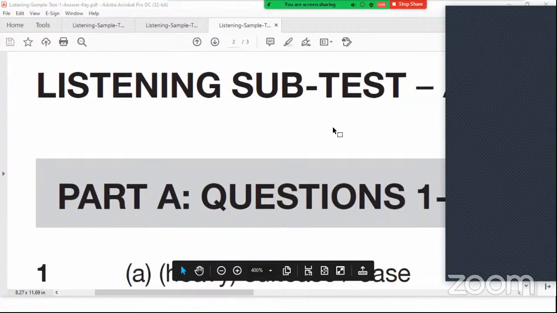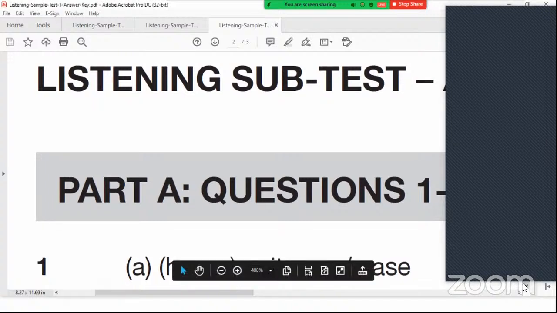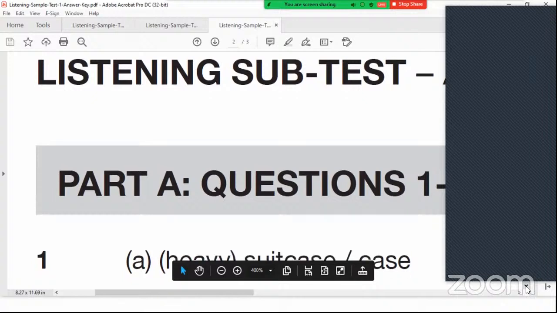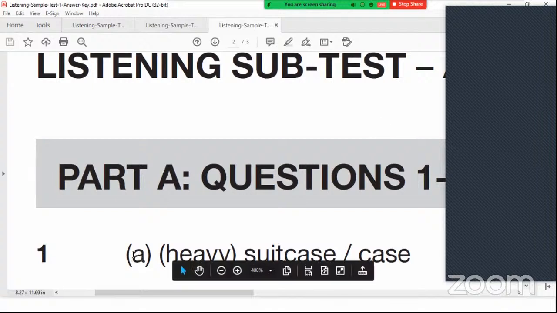Yeah, here is the first answer. A heavy suitcase. That is the first answer. Answer number 1, a heavy suitcase. If you write A or do not write A, now let me check and tell you.